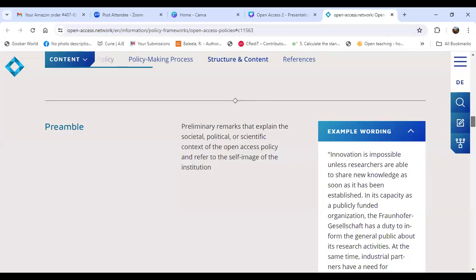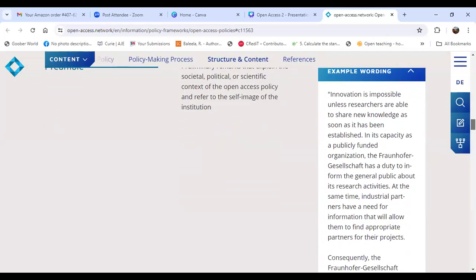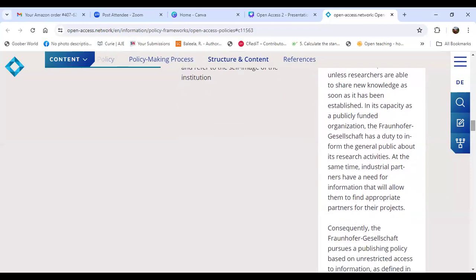So an example of wording a preamble is: innovation is impossible unless researchers are able to share new knowledge as soon as it has been established. In its capacity as a publicly funded organization, the Fraunhofer Gesellschaft has a duty to inform the general public about its research activities. At the same time, industrial partners have a need for information that will allow them to find appropriate partners for their projects.